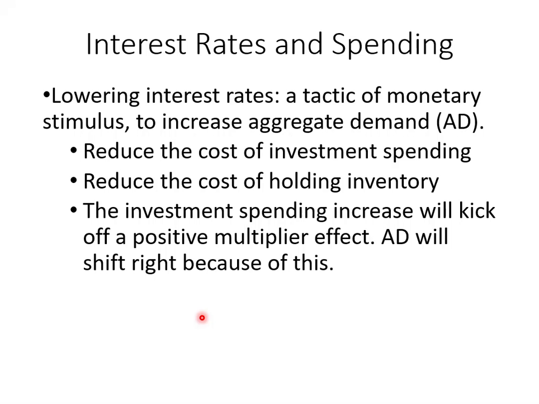Now think how it works. First of all, the government has to increase the money supply. Increasing the money supply, as we discussed, will lower the interest rate. Lower interest rates reduce the cost of investment and of holding inventory, and eventually create a positive multiplier effect and push our AD curve to the right. So this is how monetary policy can play a role as stimulus.